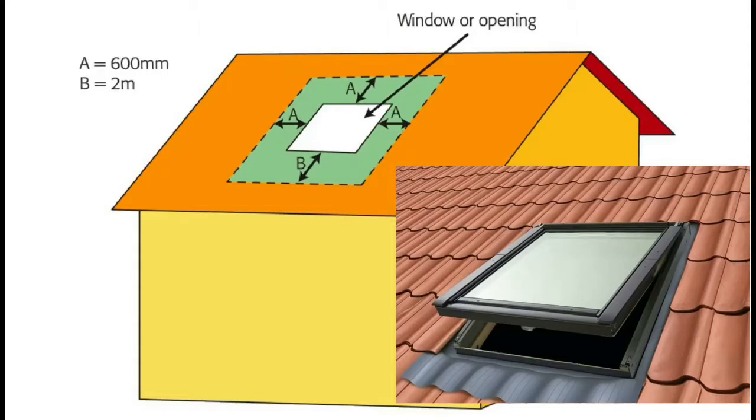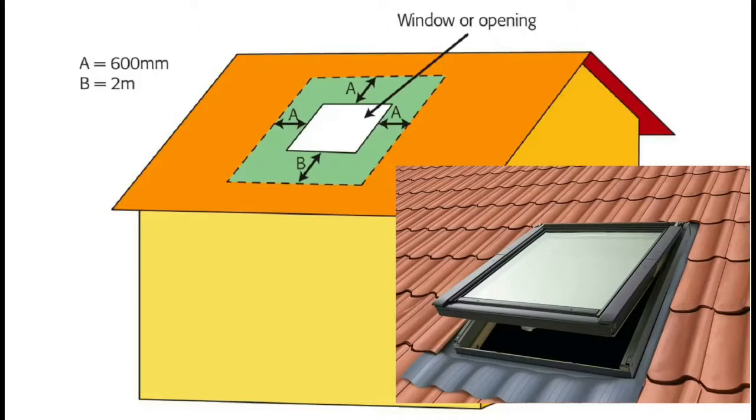In this diagram, it shows you that you cannot place a terminal nearer to that window than 600 millimeters horizontally to the side or 600 millimeters above it.